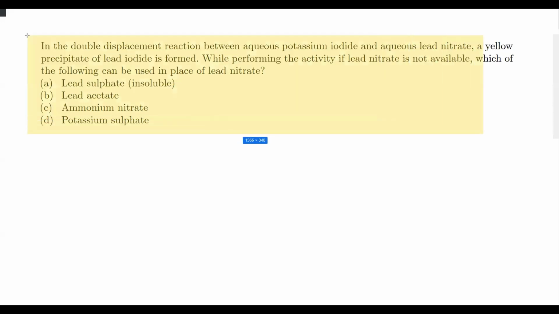The next question is from the chapter chemical reactions and equations. It says in a double displacement reaction between aqueous solutions of potassium iodide and lead nitrate, a yellow precipitate of lead iodide is formed. Okay.